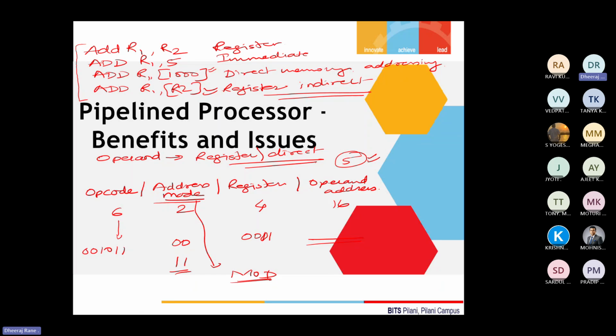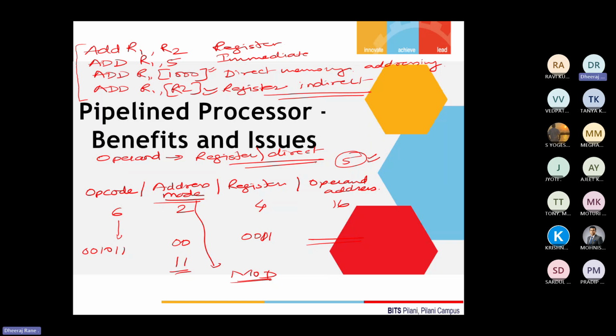I think the overall idea of the addressing mode is now clear, where we decided what addressing mode is utilized based on the operand.